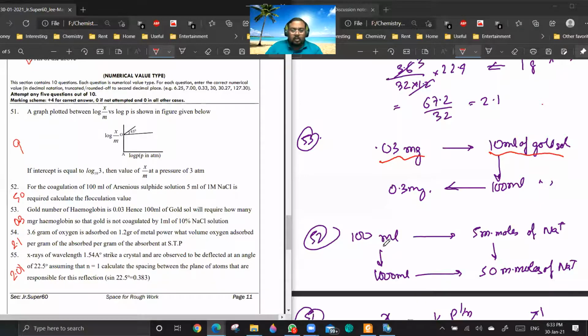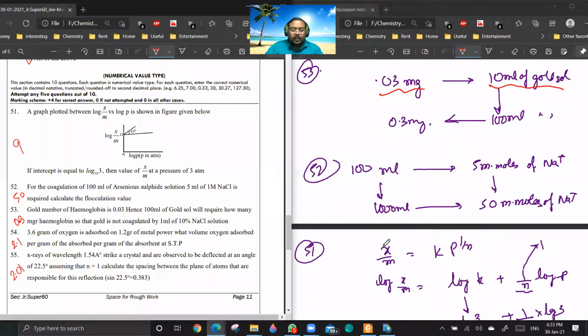See, in 52, it is given that you are coagulating arsenious sulfide salt. This is a negatively charged salt, so you will be using the cation for coagulation.